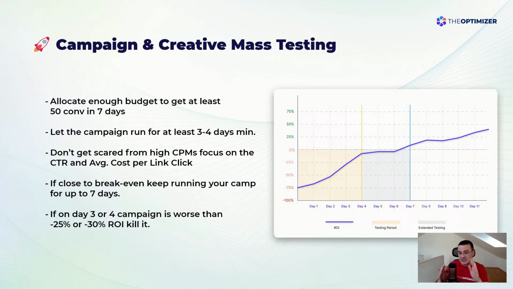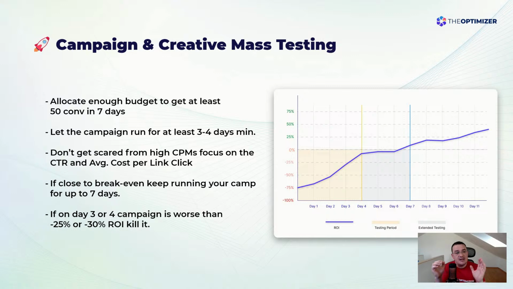But even in those cases, extending the testing period up to 4 days will help you make better decisions, and potentially find new winners rather than killing more losers. This comes from a huge amount of data and a huge amount of testing. So there's a reason behind this.